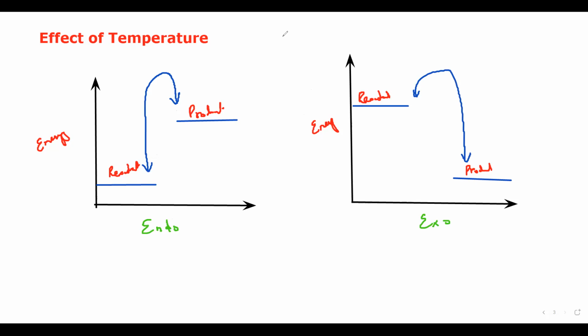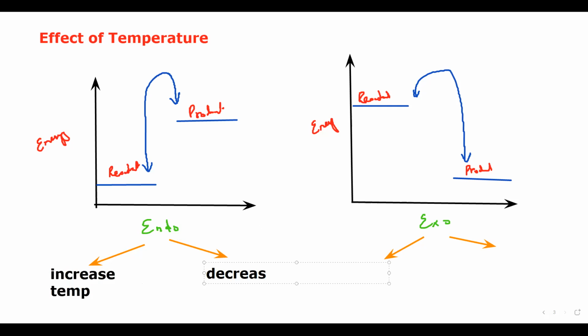So there's a different effect on endothermic and exothermic reactions. For example, if the reaction is endothermic and we are changing the temperature, in what two ways can we change the temperature? We can either increase the temperature or decrease the temperature. So if a reaction is endothermic and we are increasing the temperature, and the same way if a reaction is endothermic and we are decreasing the temperature.